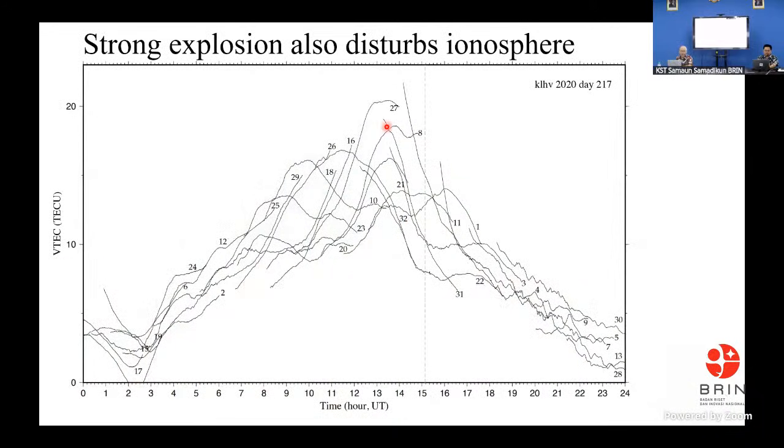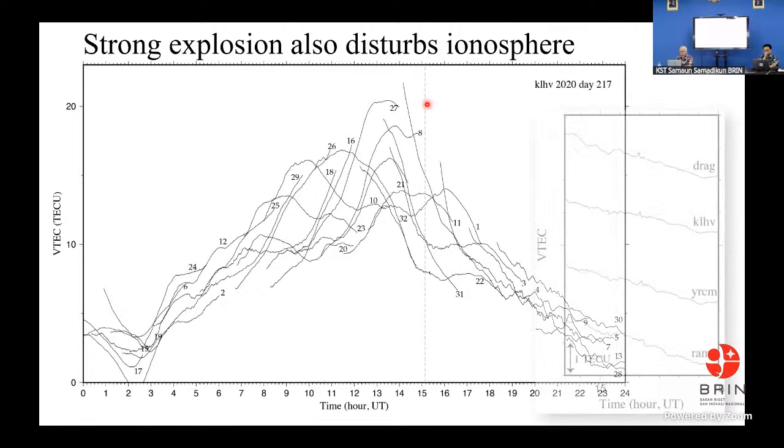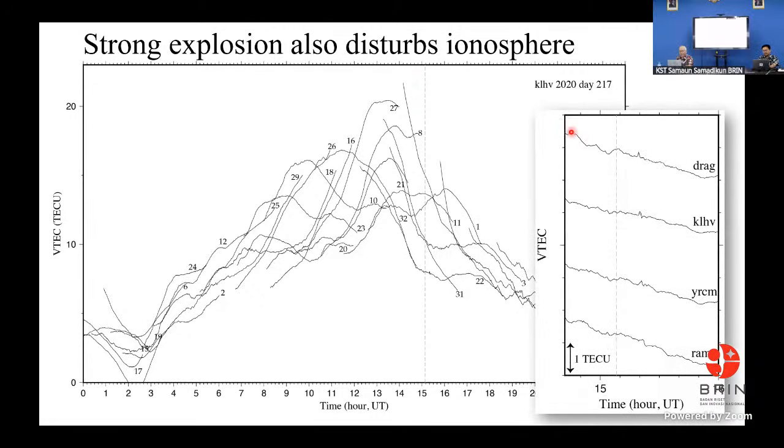Okay, and that is an earthquake. And now an explosion, and a strong explosion also disturbs the ionosphere. This is a station in Israel, and something occurred here. If you have a closer look at the change in TEC, you see a small disturbance about 10 minutes after this line.